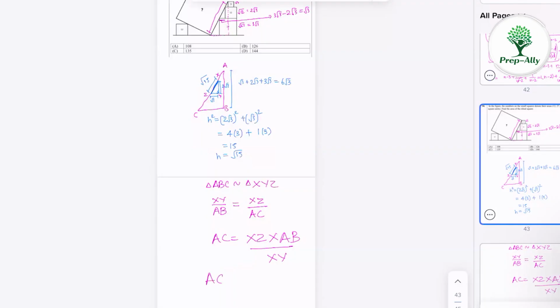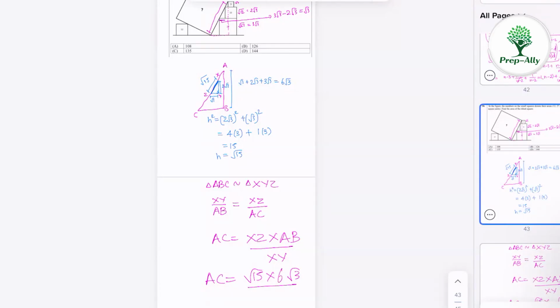So now if we put the values here, we have XZ equal to square root of 15, AB equal to, I'm sorry, AB is 6 root 3.